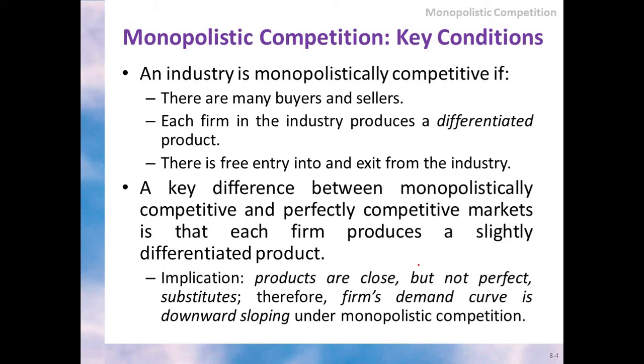So even though it is like perfect competition, because the substitution is not perfect, the product is not identical. The firm's demand curve is not horizontal like perfect competition; the firm's demand curve in monopolistic competition is downward sloping.